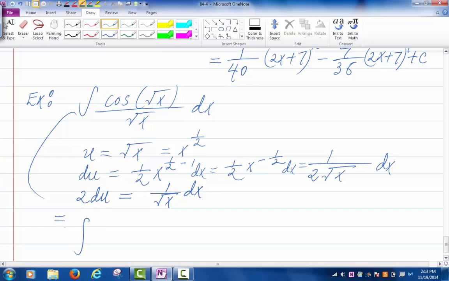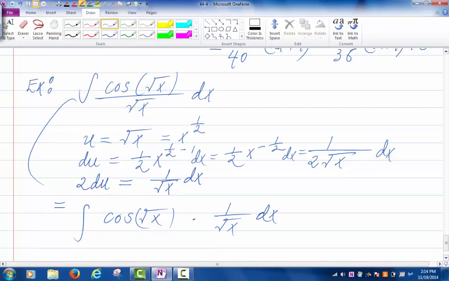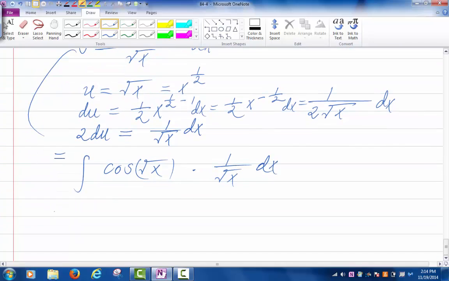So the integral that I have is cosine of root x, and then I'm going to write the root x in the denominator as 1 over root x. So I haven't changed anything, I just rewrote the integrand. Now I'll make the substitution. So this would be cosine of u, and then 1 over root x dx is what? 2 du.